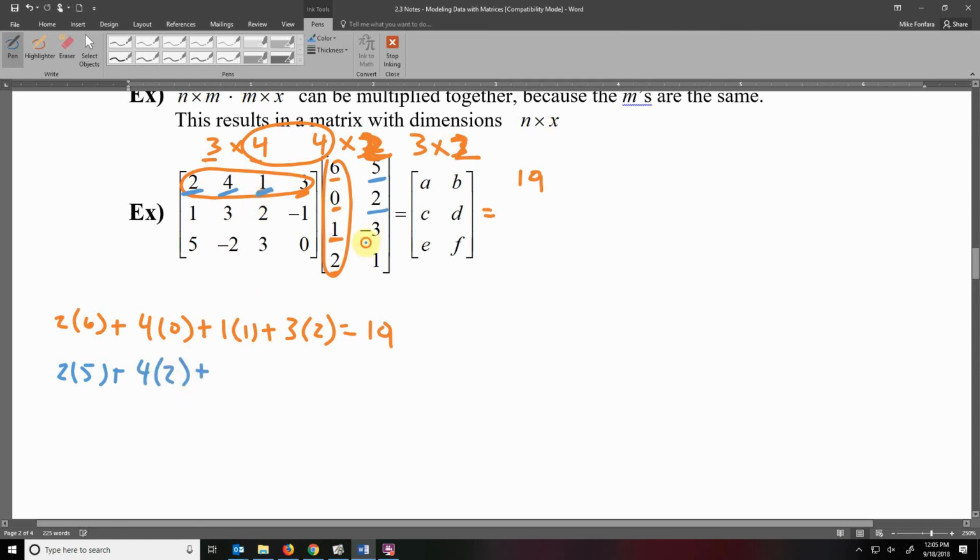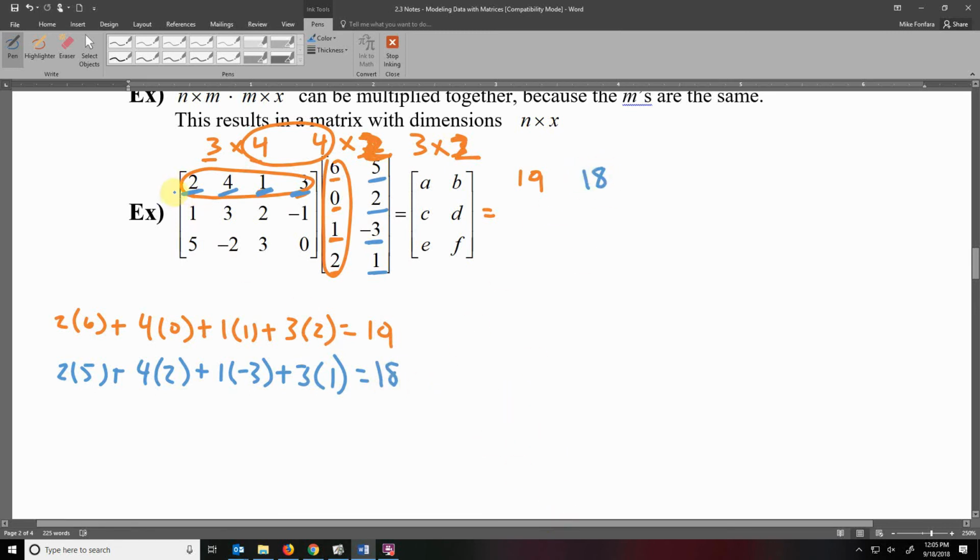Over and down, 1 times -3. Over and down is 3 times 1. And I'm going to add that all together. So I've got 10 plus 8 plus -3 plus 3. And that is a total of 18. So this second element is 18.